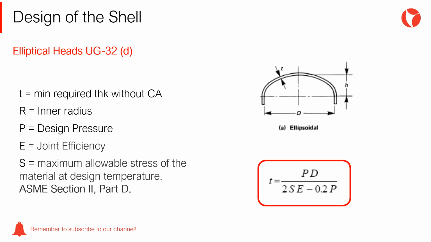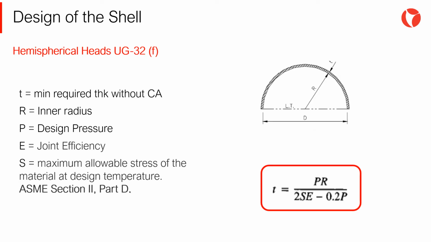The variables intervening in the required thickness calculation are the same as in cylindrical shells. This type of head is used to contain large volumes and to withstand high pressures. The thickness required for a hemispherical head is practically half as for cylindrical shells.